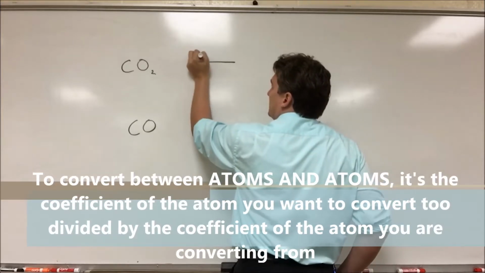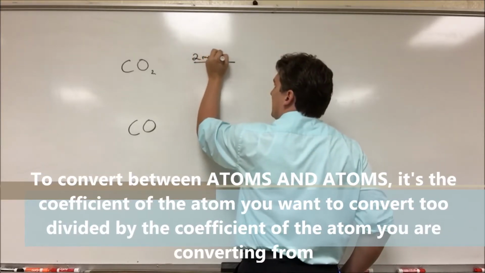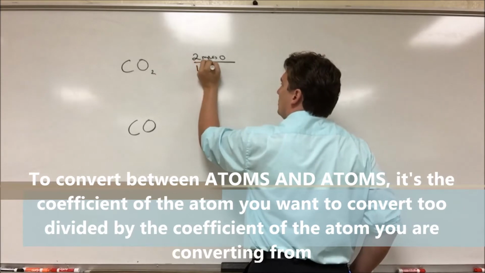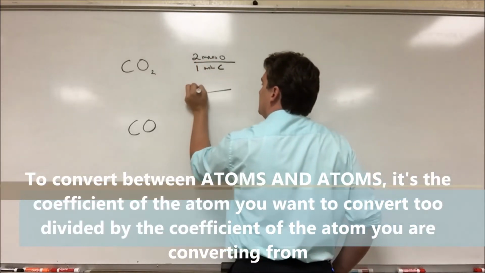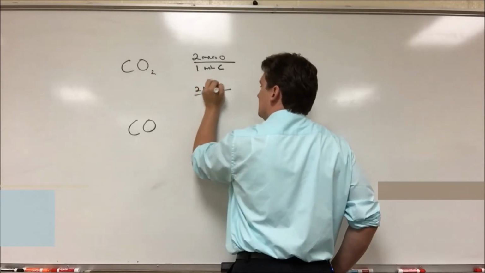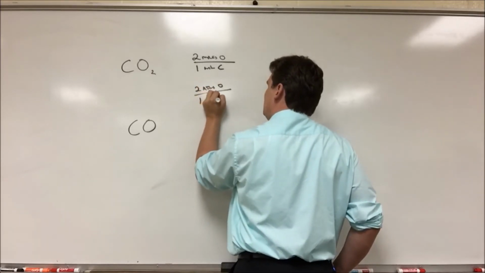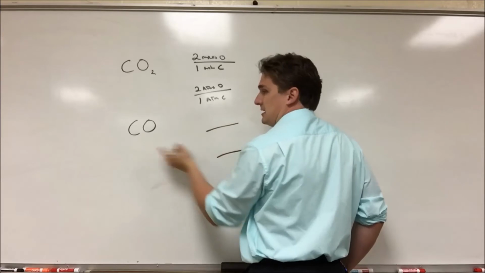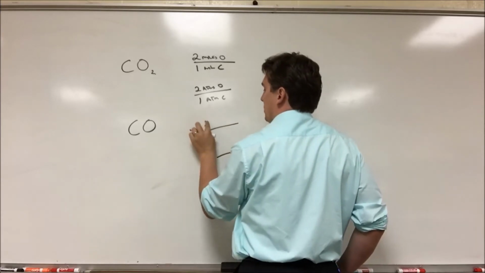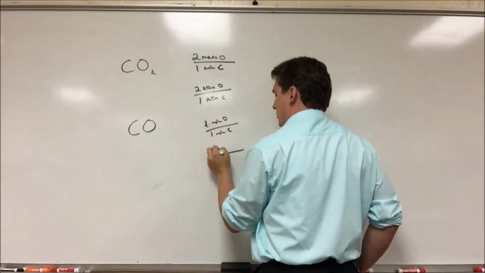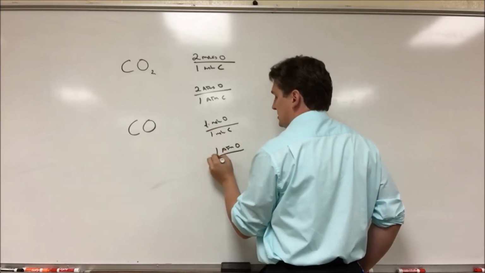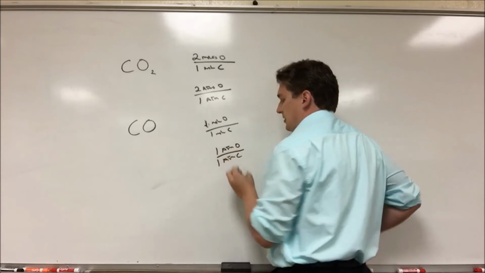So there are 2 moles of oxygen for every 1 mole of carbon in this compound. Or there's 2 atoms of oxygen for every 1 atom of carbon. For the second compound, carbon monoxide, there are 1 mole of oxygen for every mole of carbon, or 1 atom of oxygen for every atom of carbon.